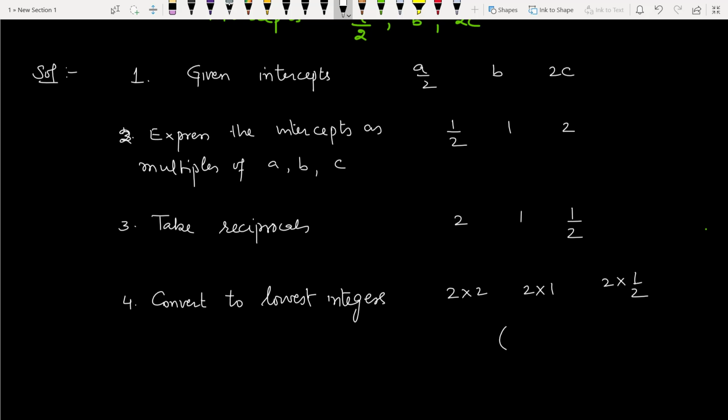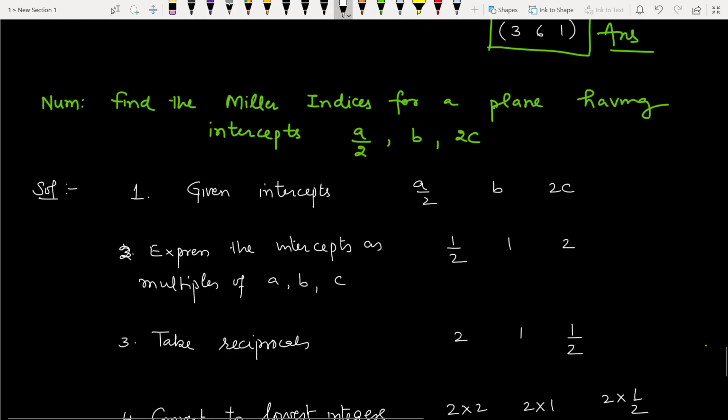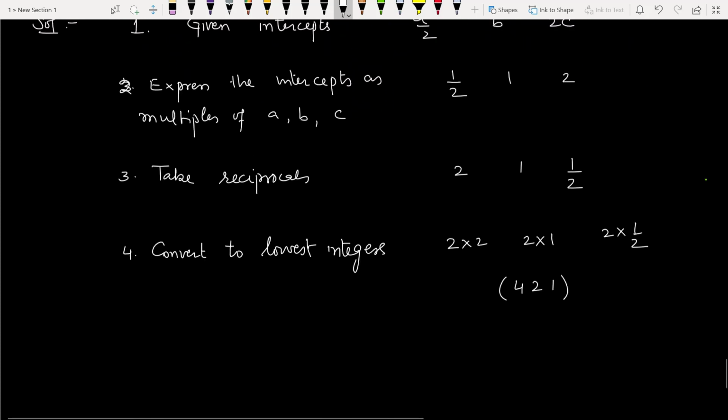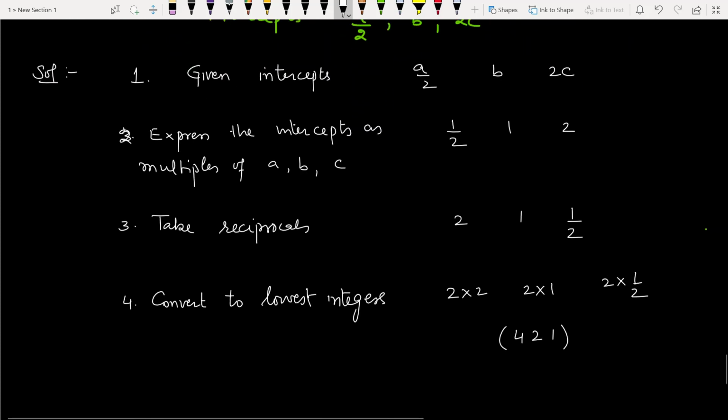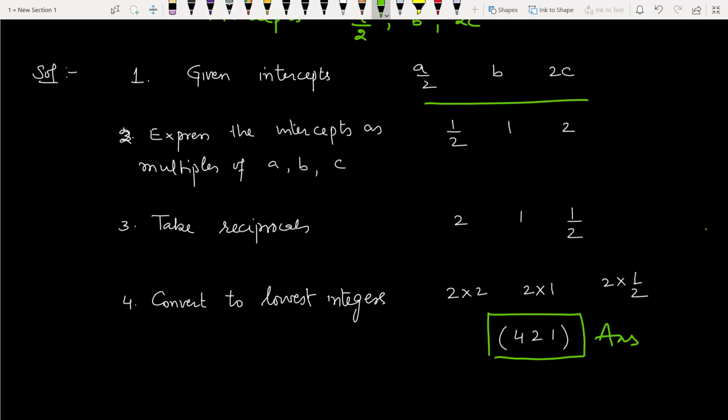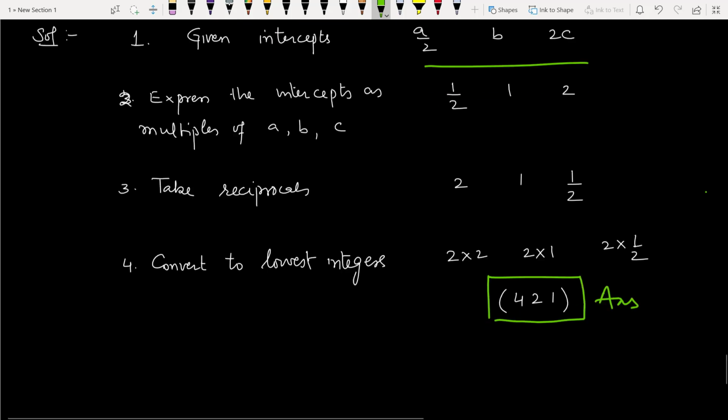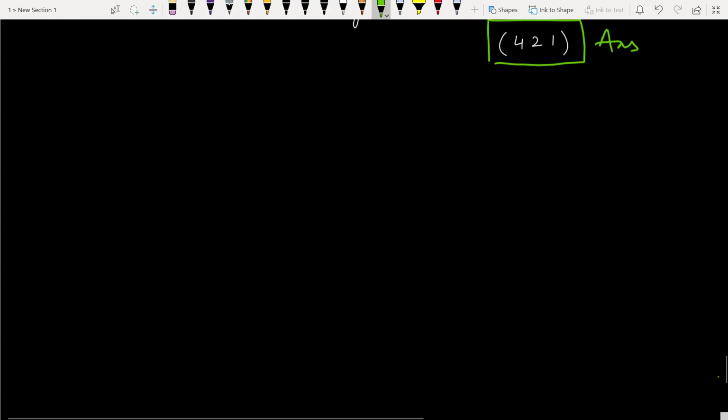So it will be 4, 2, 1. Keep in mind no comma should be used here. So this will be the answer. It will be the plane in terms of Miller indices having intercepts A by 2, B and 2C along the 3 coordinate system.